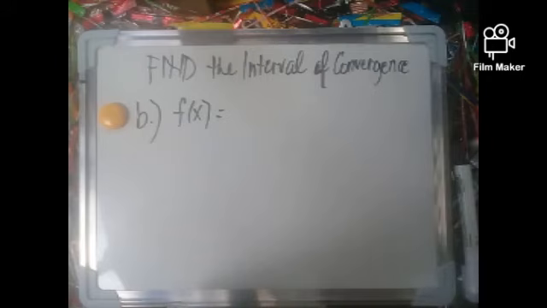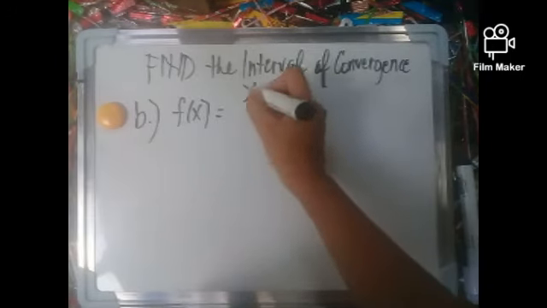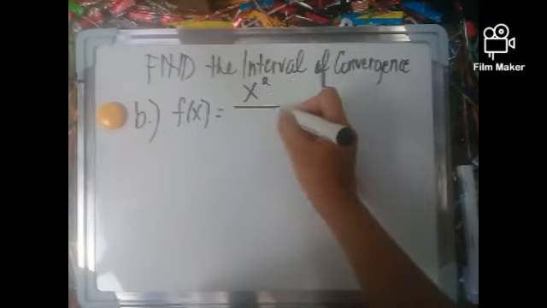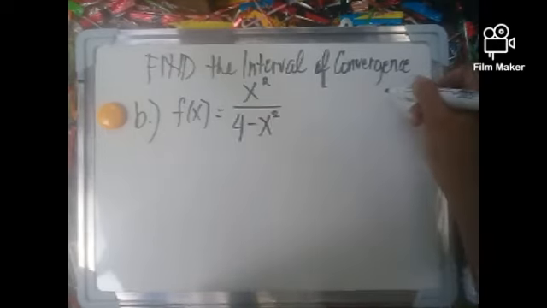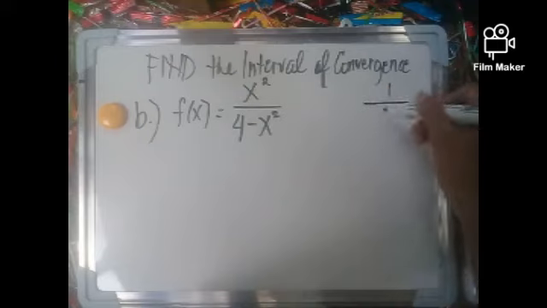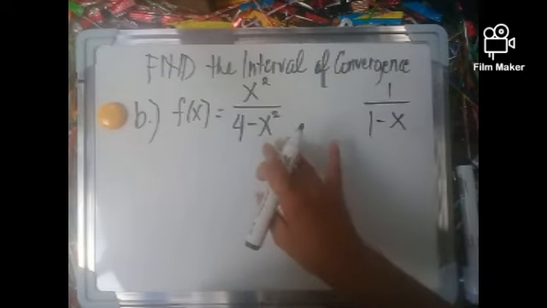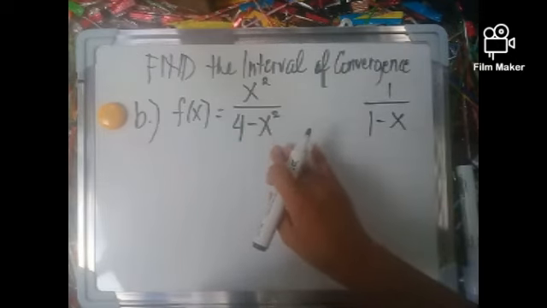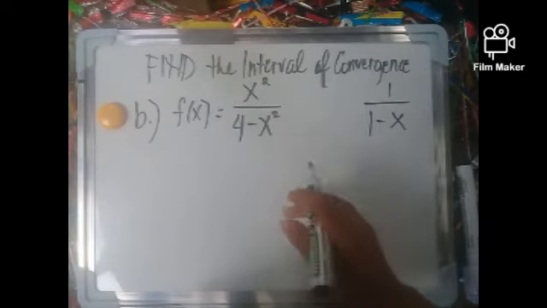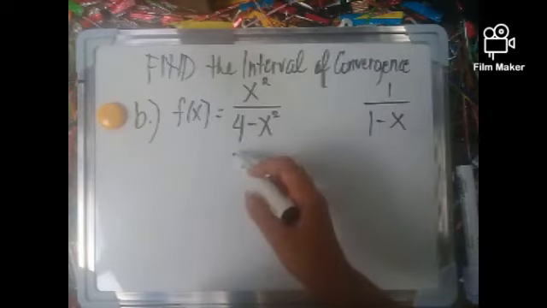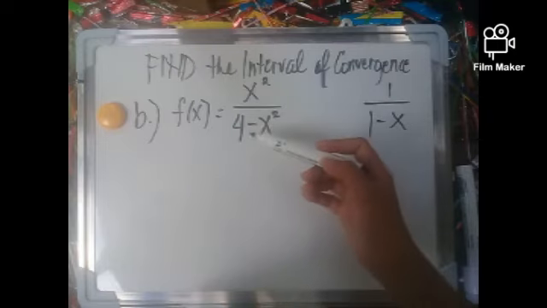So, we have here the function of x squared over 4 minus x squared. So, again, gagawin natin siyang kamukha nito, 1 over 1 minus x, para malaman natin kung ano yung power series ng function na ito. So, paano ito?